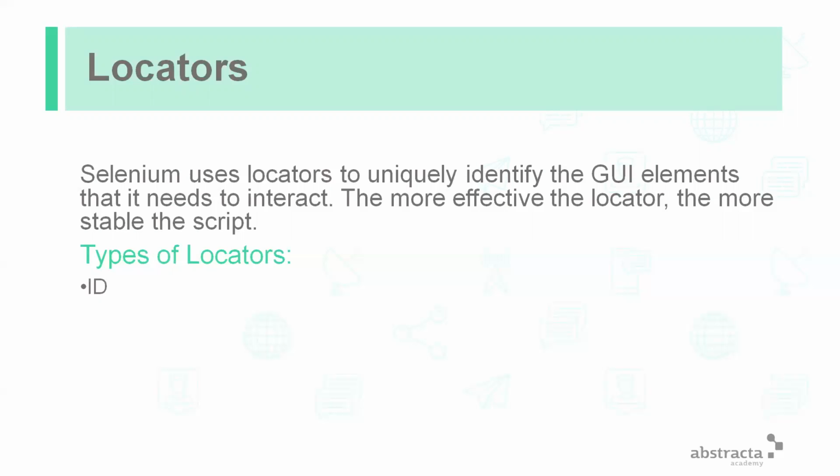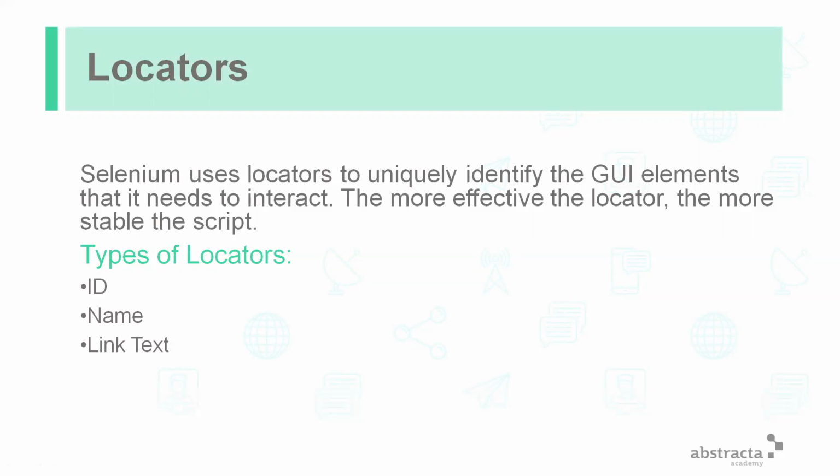The first one, right, is the ID. We can find an element using its ID. Also, if it has a property, right, an attribute name, we can use that attribute name. Also, if it's a link, we can use its link text.